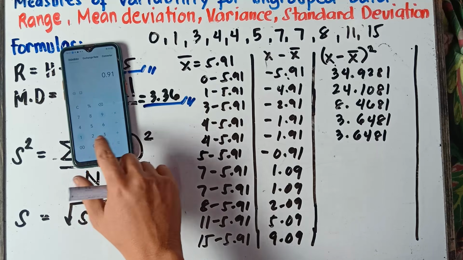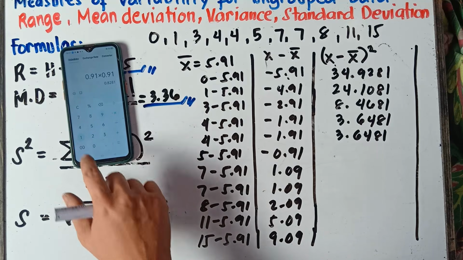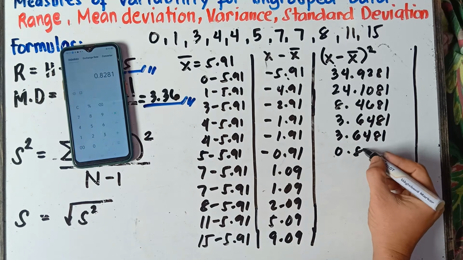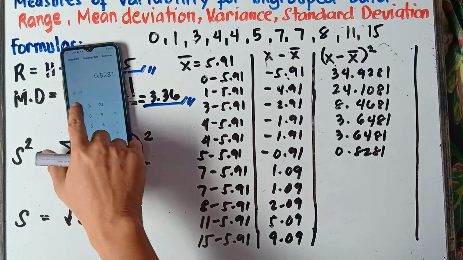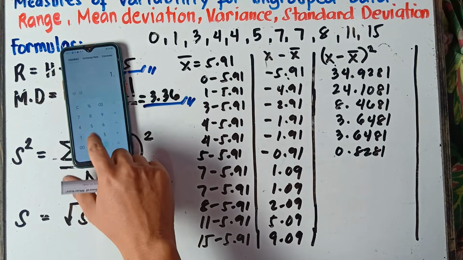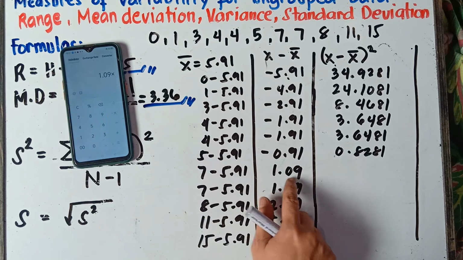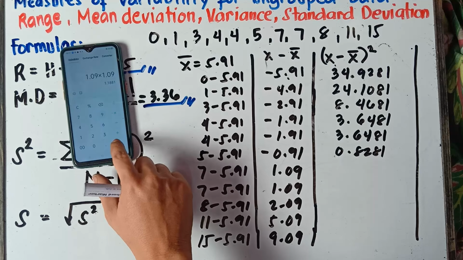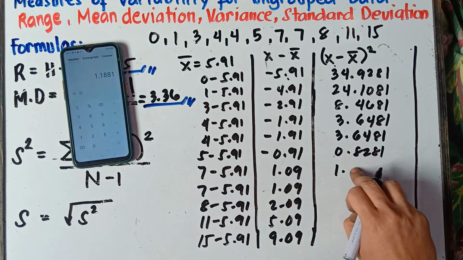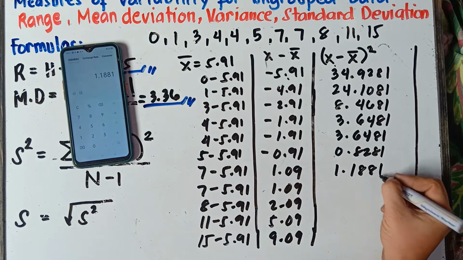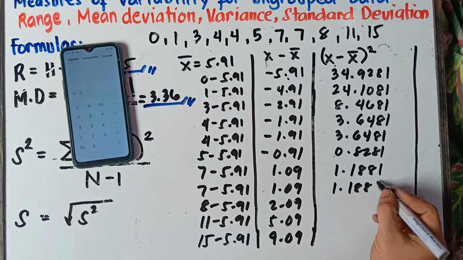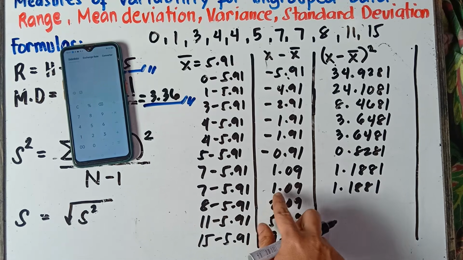Alright, and then 0.91 times 0.91. Do it step by step, class. This is 0.8281. Alright, and then 1.09 times 1.09. The answer is 1.1881. Same answer, 1.1881, because 1.09 times 1.09.